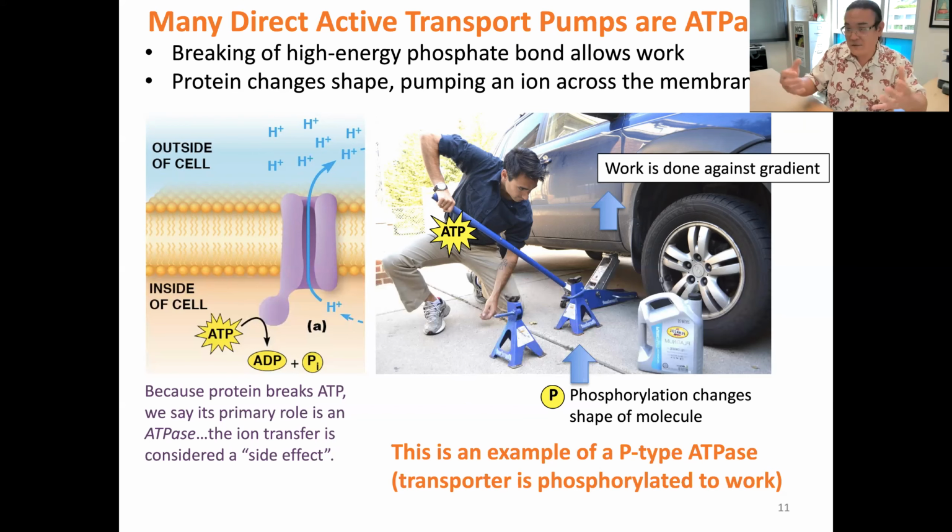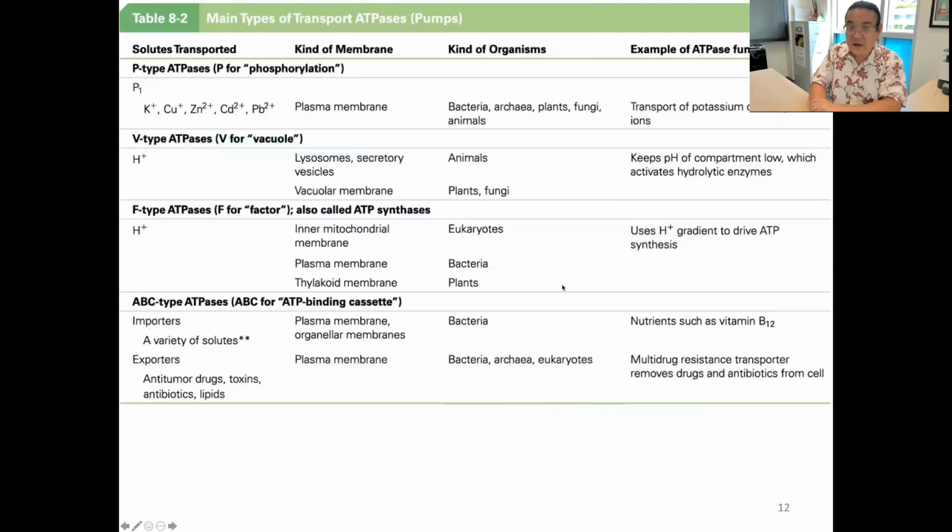Energy is put in through ATP and they change their shape. So this is an example of what we call a P-type ATPase. In other words, the phosphate group ends up being stuck onto the protein, and that's what forces it to change shape. But there are other examples of ATPases where the phosphate group doesn't actually end up being stuck on there.